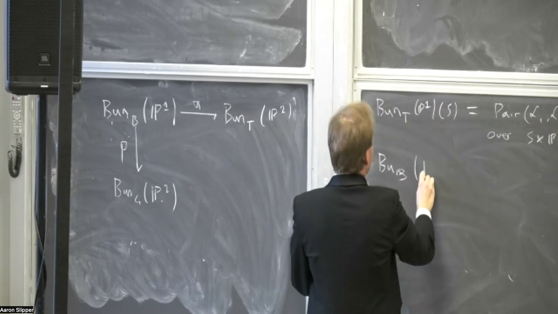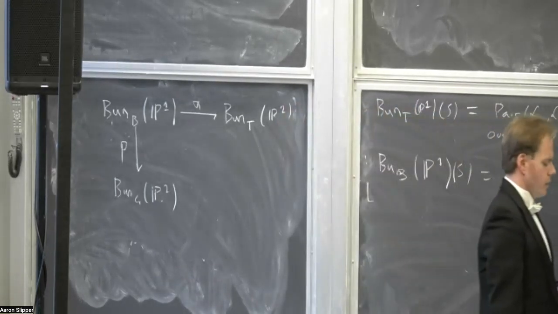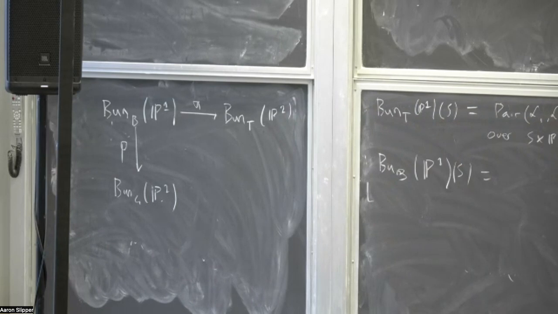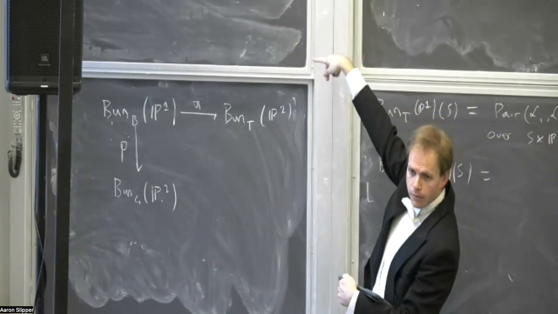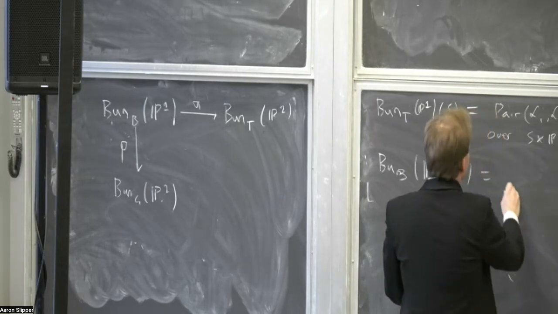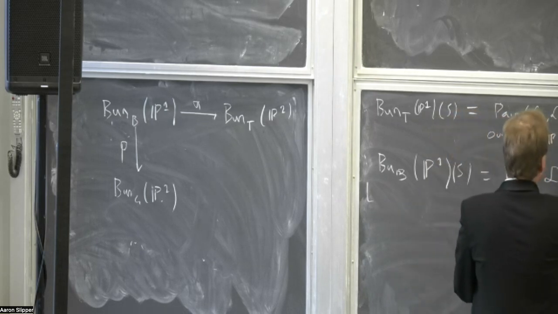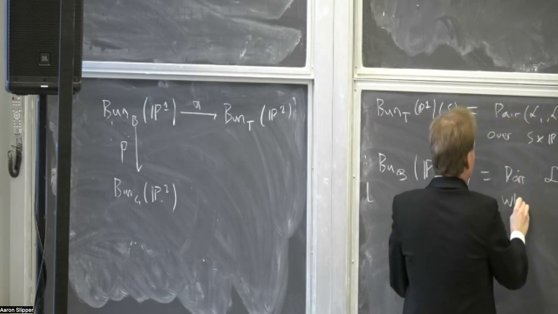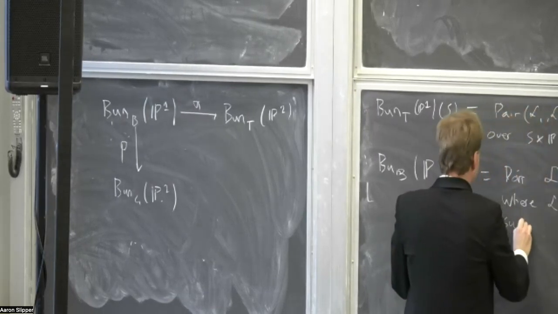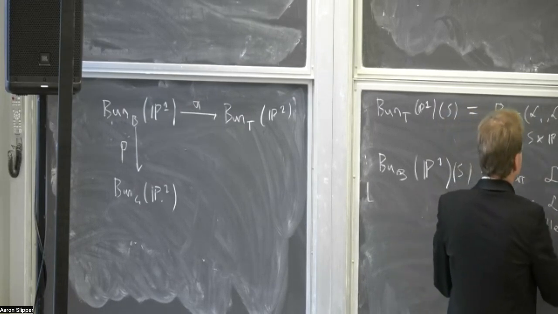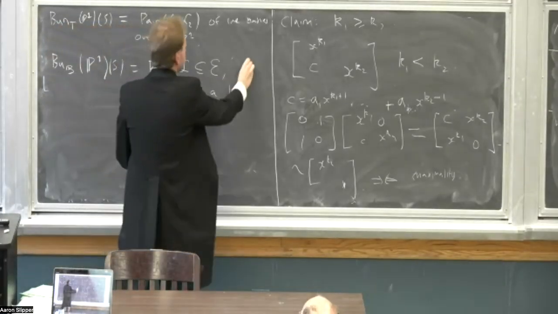Bun_B is a little bit more complicated, but one can see by essentially the same associated bundle construction, by taking the standard representation of B as given by 2 by 2 matrices and by taking its action on the column vector (1, 0), one can see that this actually corresponds to a pair (L, E), where L is a line subbundle of E over S times P1.